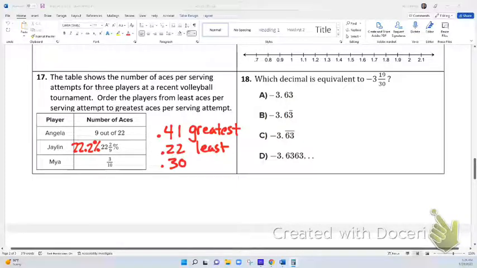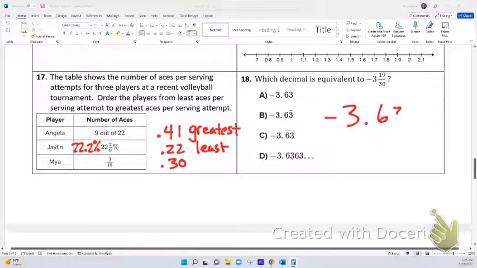For number 18, which decimal is equivalent to -3 and 19/30ths? So again, we know we're going to have a -3 because that's the whole number. And then on the calculator, we simply just use our calculator for the second part. You just simply do 19 divided by 30. And when you do 19 divided by 30, we end up getting 0.63.